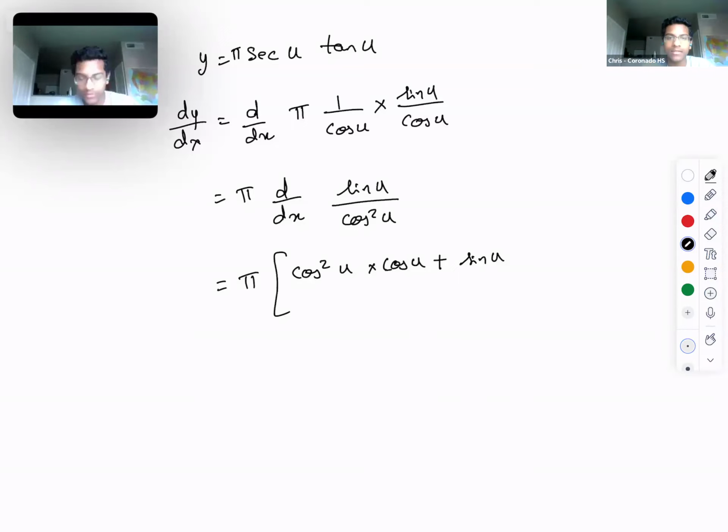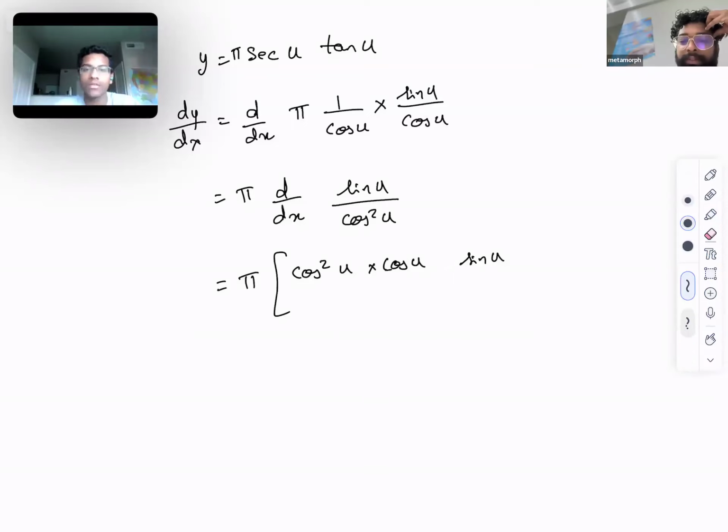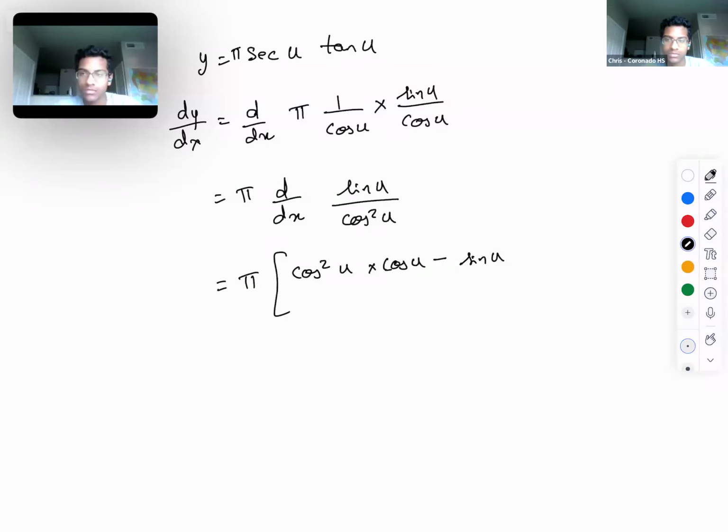I think it's negative, because it goes like g of x times f prime minus g prime times f, over g squared. I think this is negative. Maybe I don't remember. We can derive it if you want.